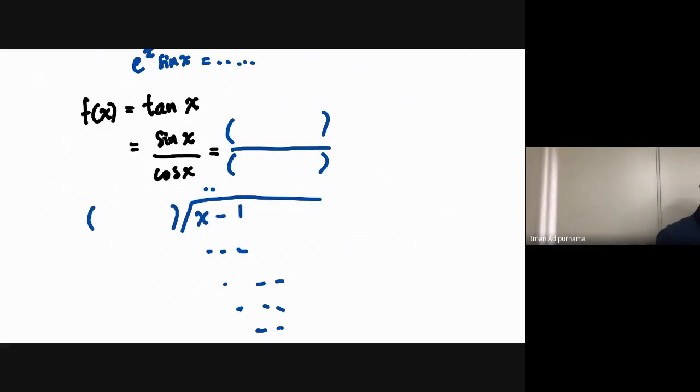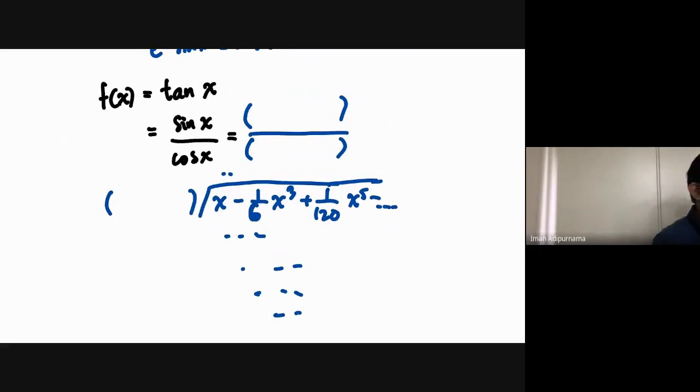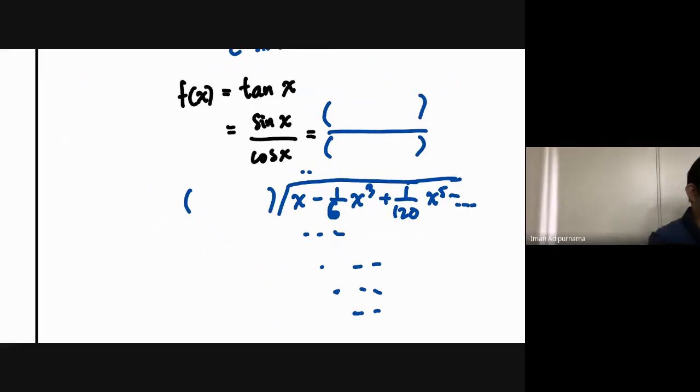So x, 3 factorial, right? 6. Maybe only 3 or 4 terms. Maybe 3 terms is just enough, and this also maybe 3 or 2 terms is enough.